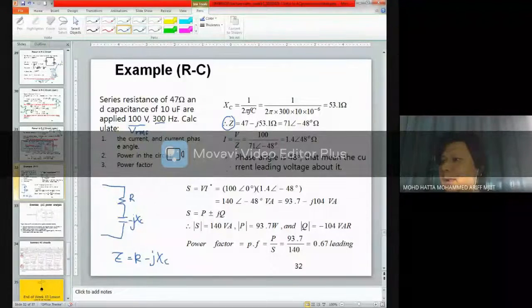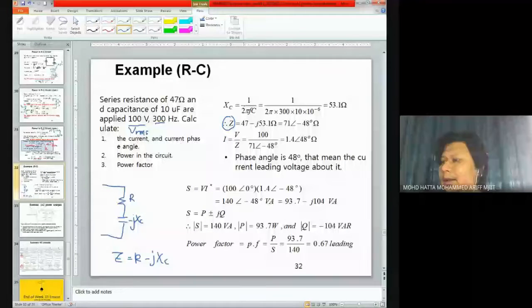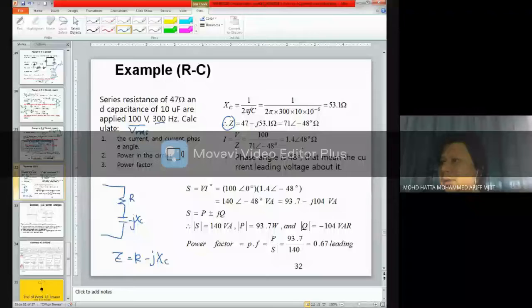So if you look at the calculation to get the current value, we will use Ohm's law where V divided by Z, and we will get this value. Okay, the one that we see over here is our theta I.